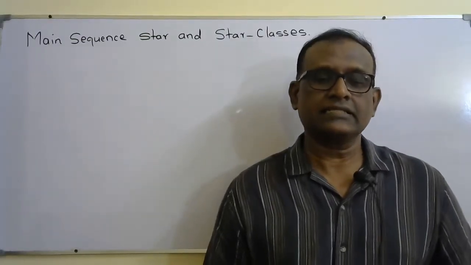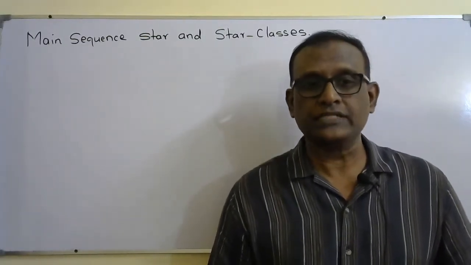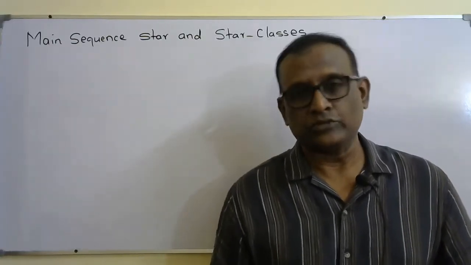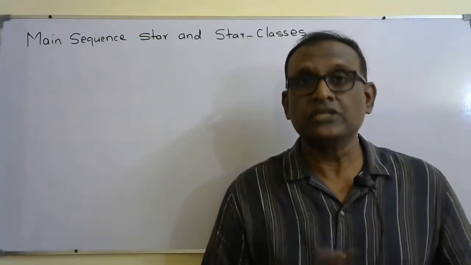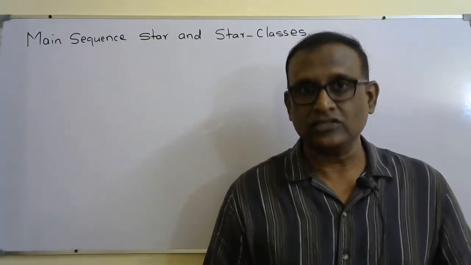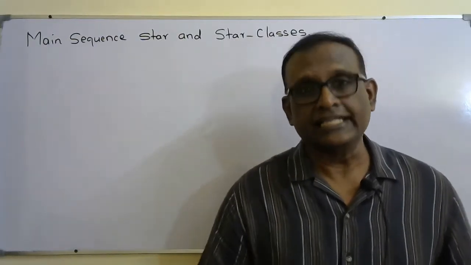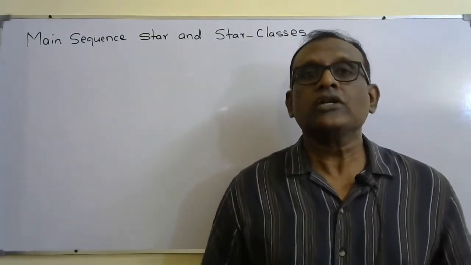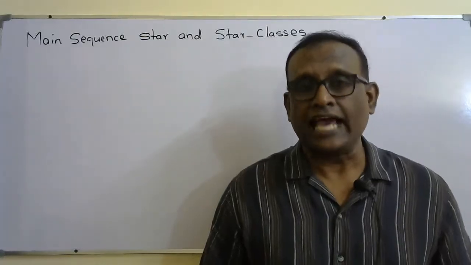Okay, so the next thing you should know, the main sequence star and star classes. So what is meant by main sequence star? You know, all the stars including sun emit radiation or emit heat and energy due to nuclear fusion reaction. So in all stars nuclear fusion is happening.